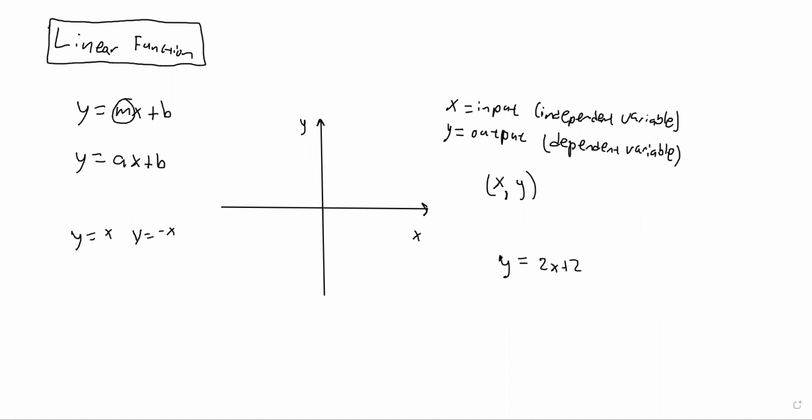All right, so let's create a table for this, input and output table. x, y, and then for this one, it's going to be the same thing, x, y. This one's also going to be the same thing, x, y.